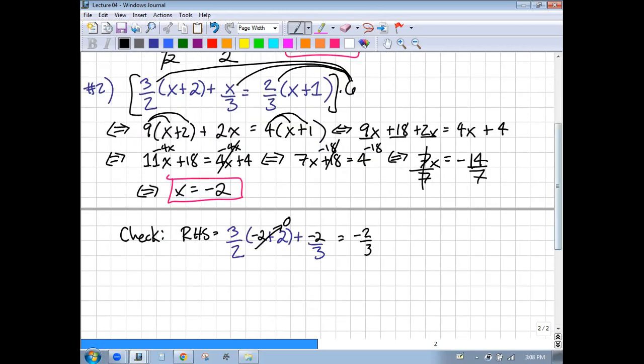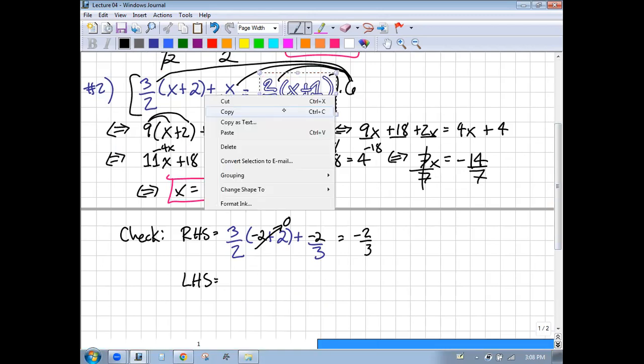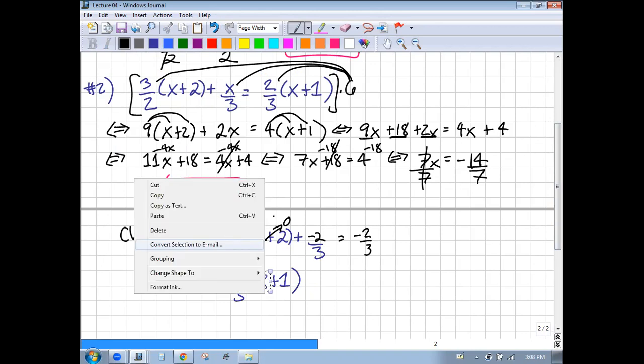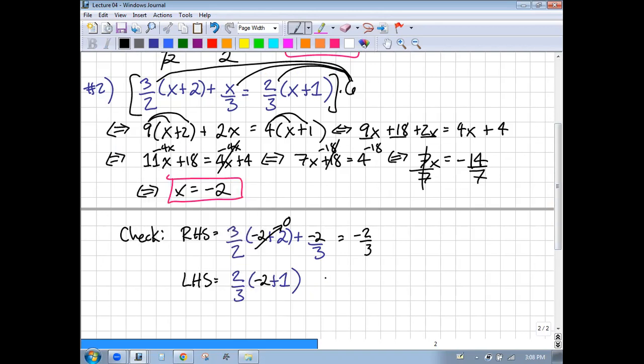Look at the left-hand side. If we replace the x with a -2, we get 2/3 times -2 plus 1 is a -1, so that's -2/3. Those are equal, right?